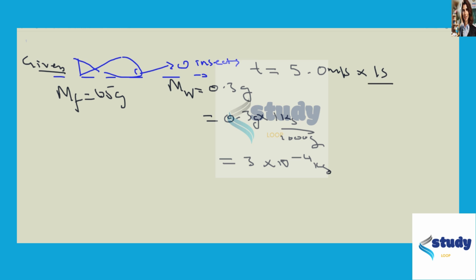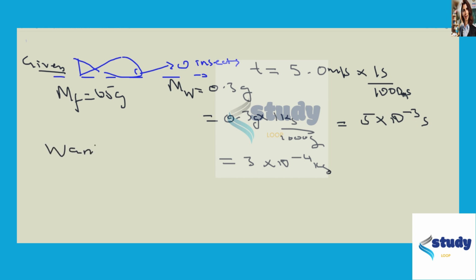Remember, milli is like a thousandth of a second. So this becomes 5 times 10 to the negative 3 seconds. That's the information we're given.